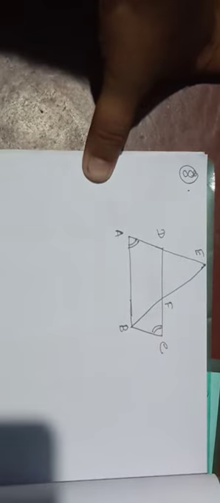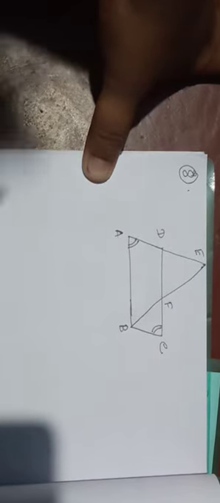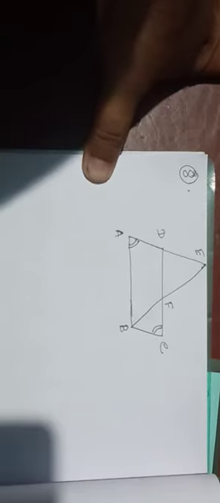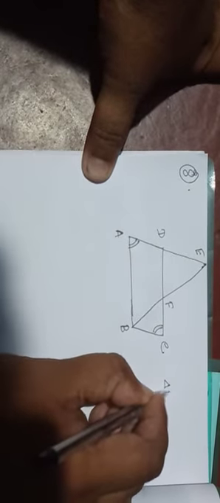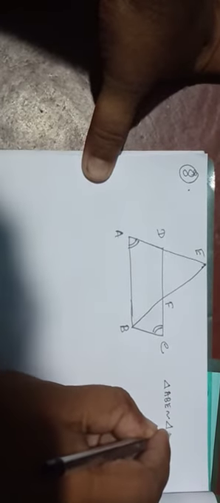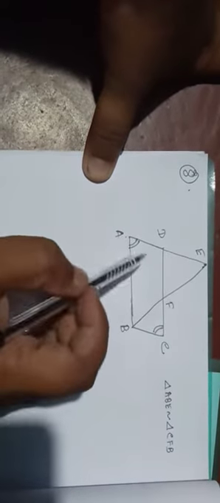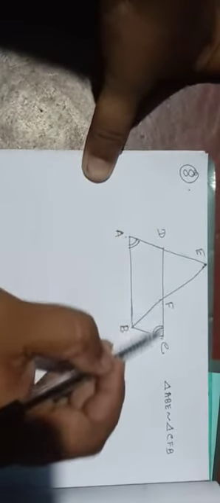We have to show that triangle ABE is similar to triangle CFB, meaning this big triangle is similar to this triangle. Now here comes the solution.